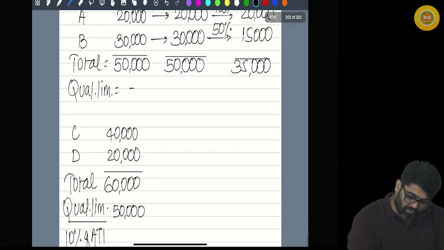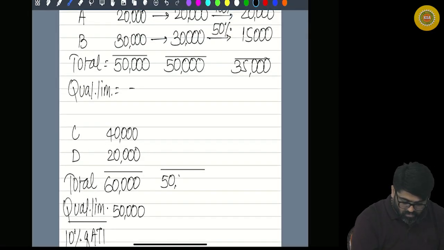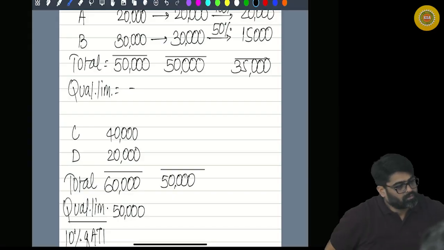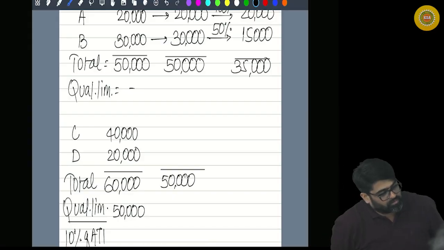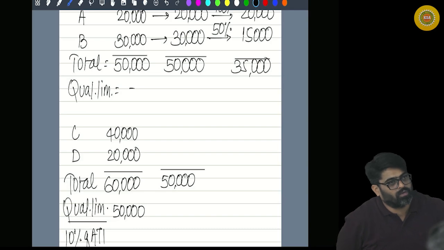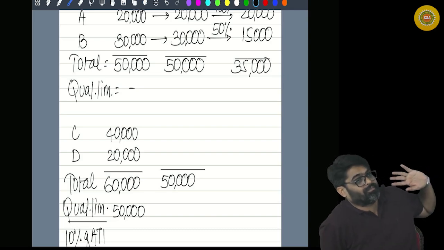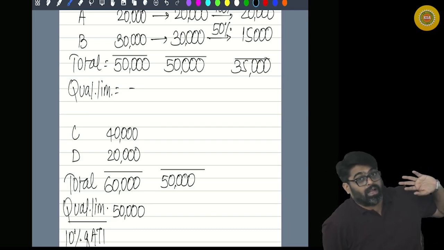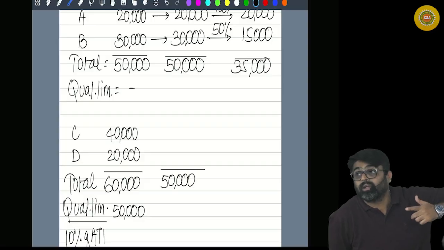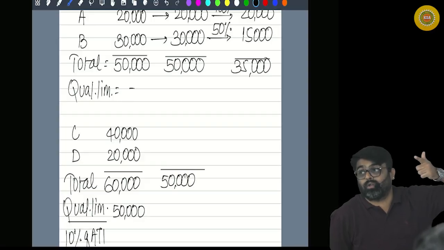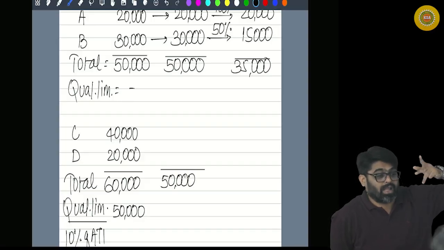So in the qualifying amount, how much can I qualify? Maximum. So now tell me, C category if fully qualifies, D will not qualify fully. Only 10,000, balancing figure. And if D category qualifies fully, then C will not qualify fully because total I have to make 50.